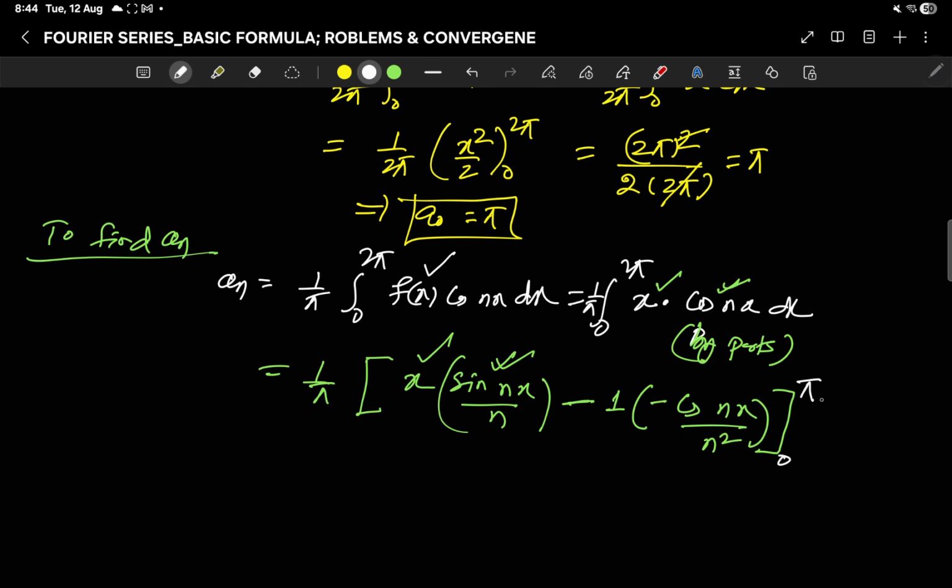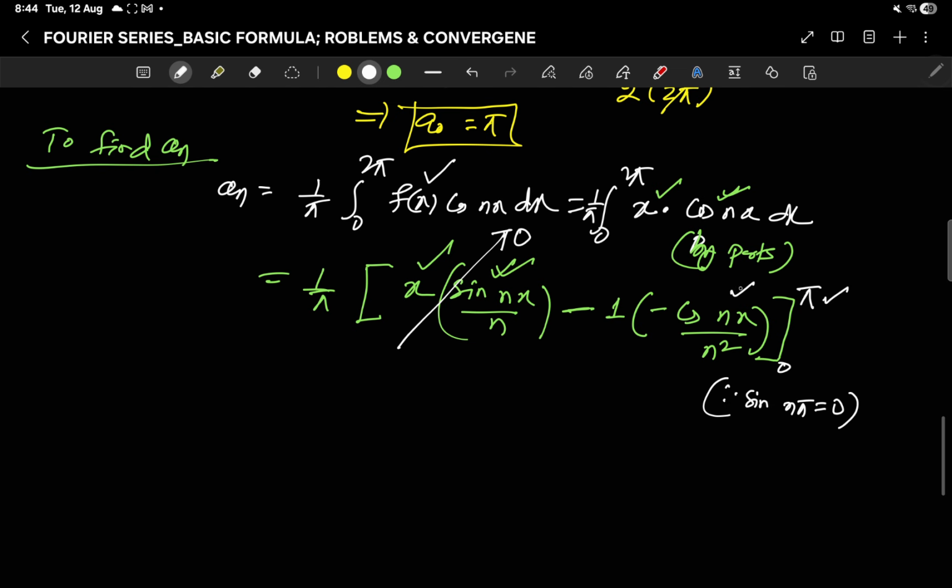So now you see sin n pi is 0. Okay, sin n pi is 0. So this function will be 0, right? So it is only reduced to this function. This limit is 0 to 2 pi. So here it is minus plus, so it is 1 by pi n square, only cos nx 0 to 2 pi, right?